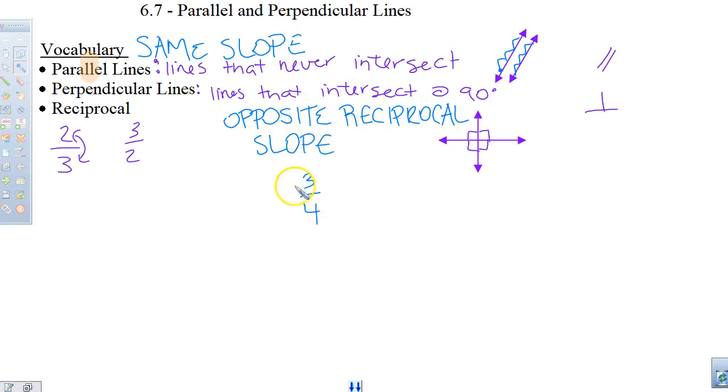So one of our lines was rising up 3, running over 4. The opposite is saying to change the sign. So this is a positive 3/4, so we need a negative 3/4. And then reciprocal tells us to flip the numerator and denominator. So these would be the two slopes: opposite sign, and then the reciprocal. And that's what causes them to intersect at that 90-degree angle.